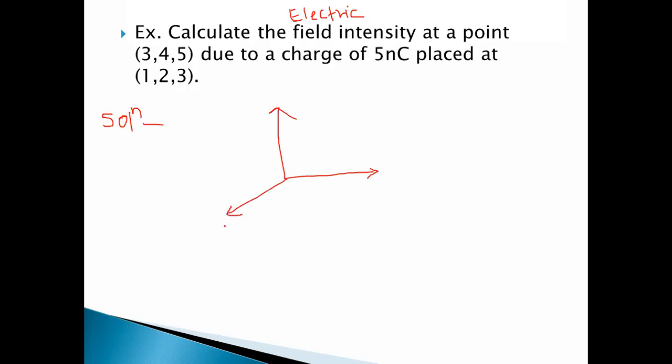So this is the X, Y, and Z axis. We have to find the electric field intensity at point 3, 4, 5. 3, 4, 5 means what? Here X is equal to 3, Y is equal to 4, and Z is equal to 5.